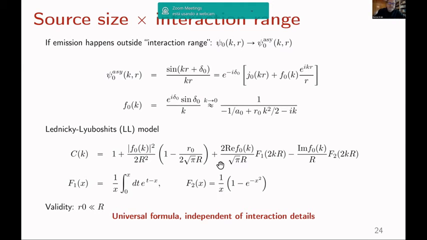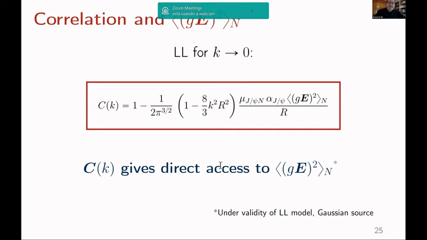For J psi, not so clear. Essentially, for very low relative momentum, I can relate the measurement of this correlation function to the matrix element that I want. I can also have access to the cross section, and also to that form factor that Dima has calculated.